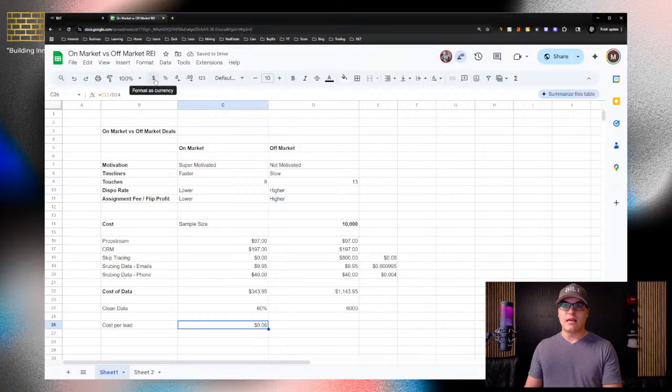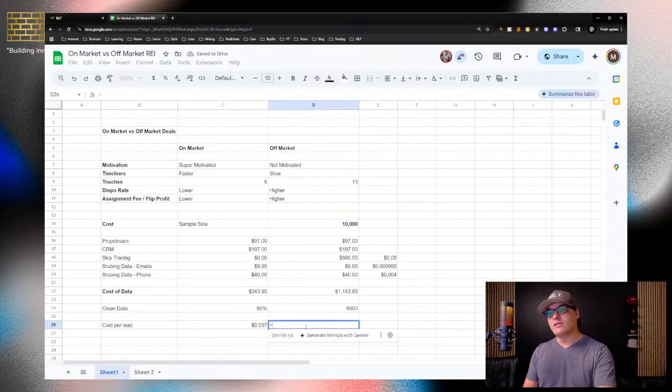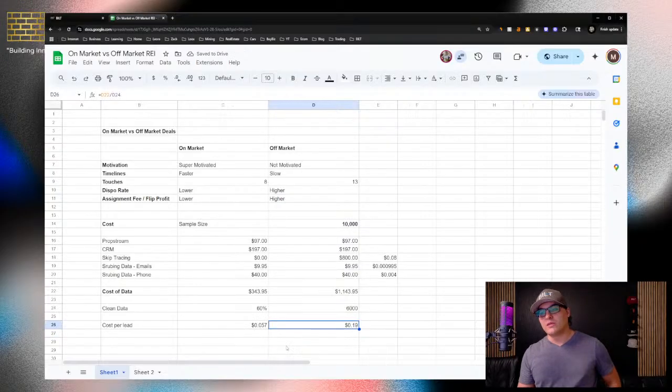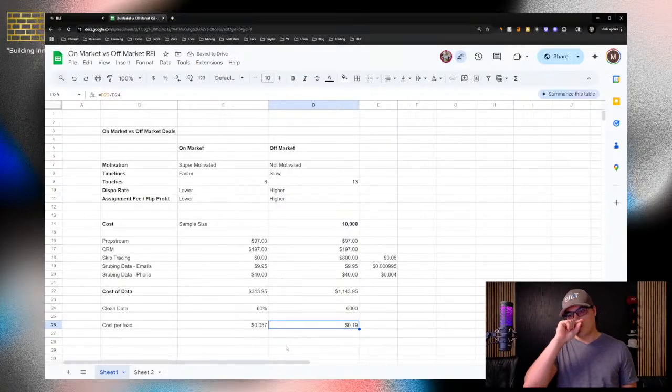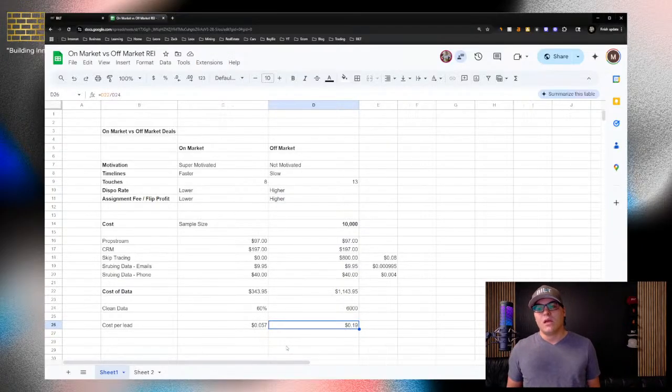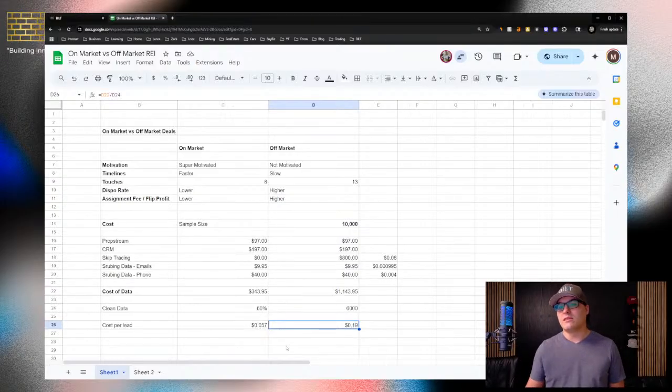How much are you really spending on an on-market lead? And then if we do the same exact calculation on the off-market leads, what does that look like? Definitely a lot more expensive. You're talking about roughly 20 cents versus 5 cents. You're spending a lot more money because of the skip tracing.